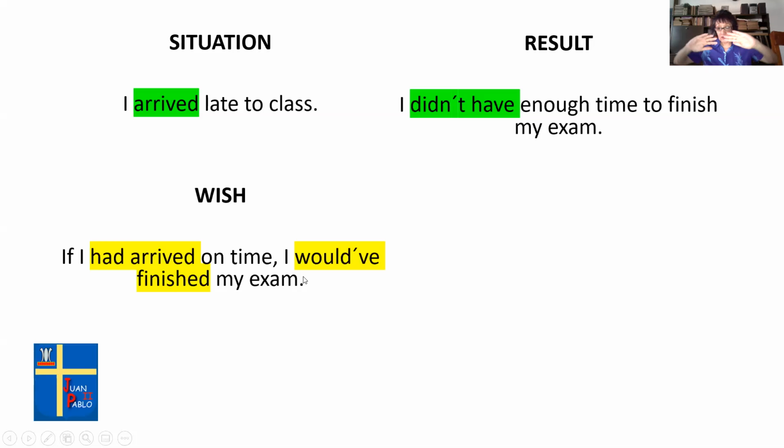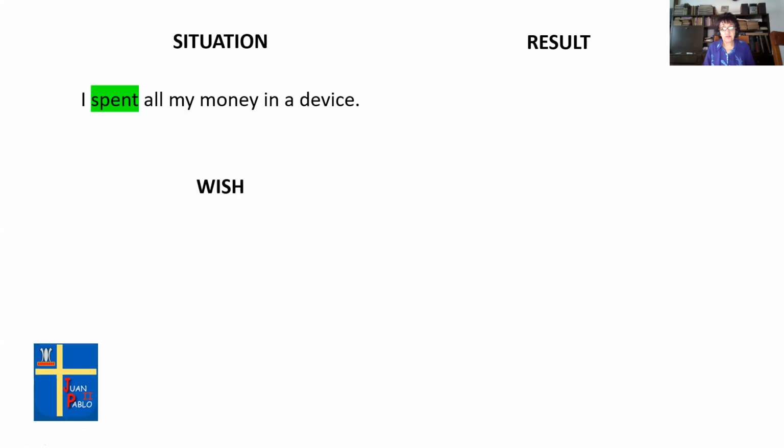Check out that we always have two sentences that in conditionals are called clauses. If clause, if I had arrived on time. Result clause, I would have finished my exam. Next example, I spent all my money on a device. What was the result of that?